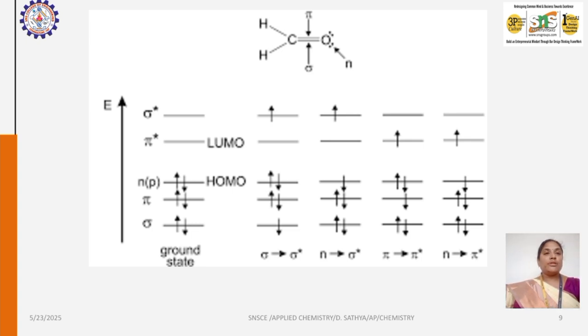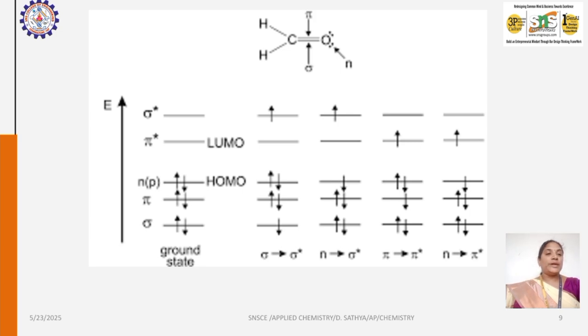Here is one example discussed with this energy level diagram. In C double bond O, the double bonded carbon has sigma and pi bonds; here in the ground state, 2 electrons are present. In the same way, the sigma electrons go into the upper level, in the second, sigma to sigma star.